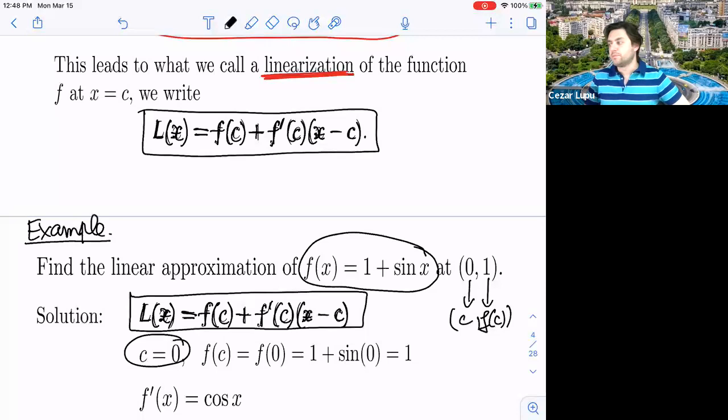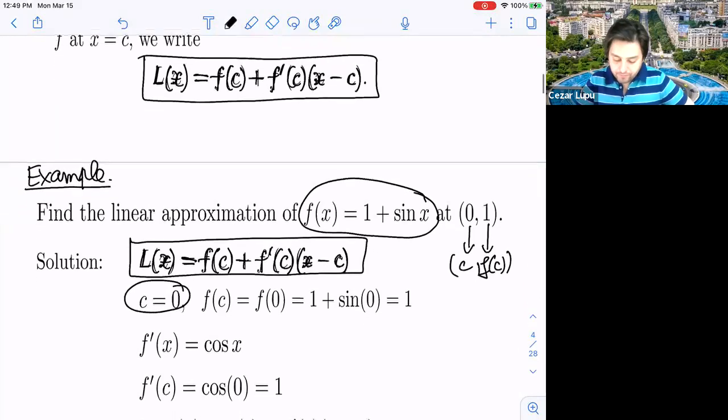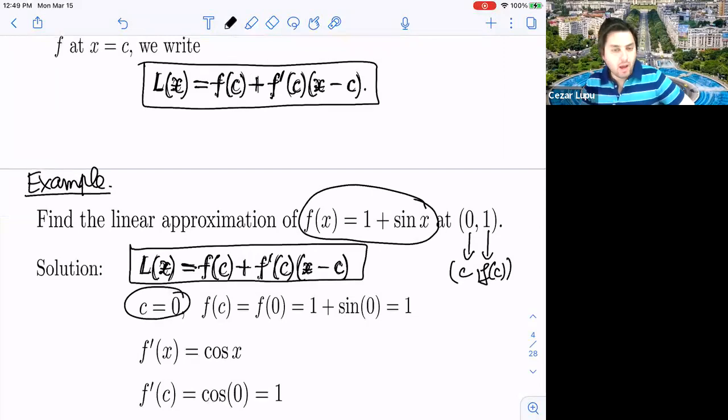And of course, f prime of c will be cosine of 0, right? Because c is 0, which is 1. And now we have identified all the elements of our linearization.